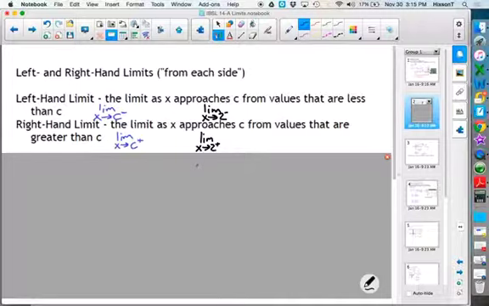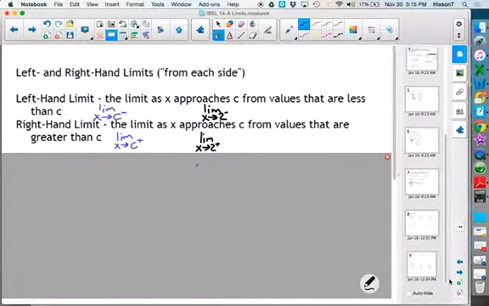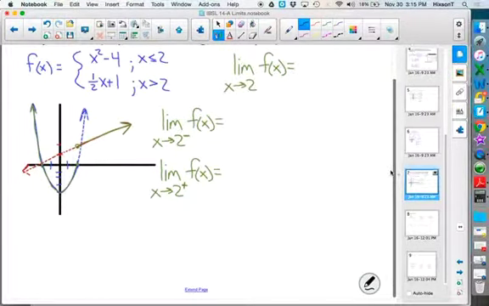Now, I want you to see kind of how this works. And for this, I'm going to jump to this example down here. Here we have a piecewise function. This function f is defined as x squared minus 4 when x is less than or equal to 2.